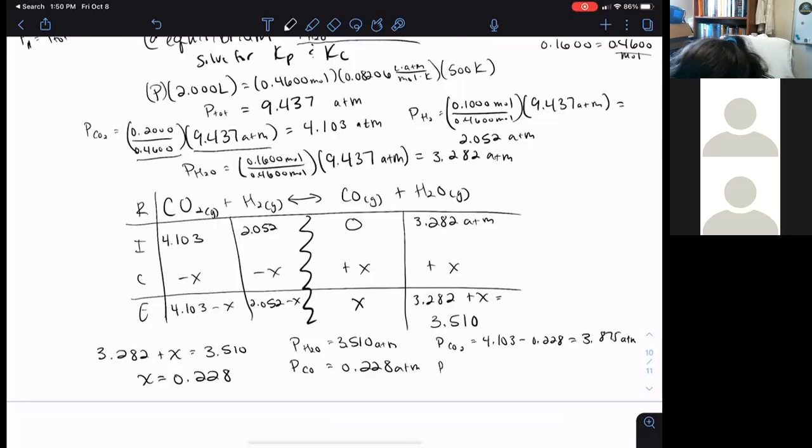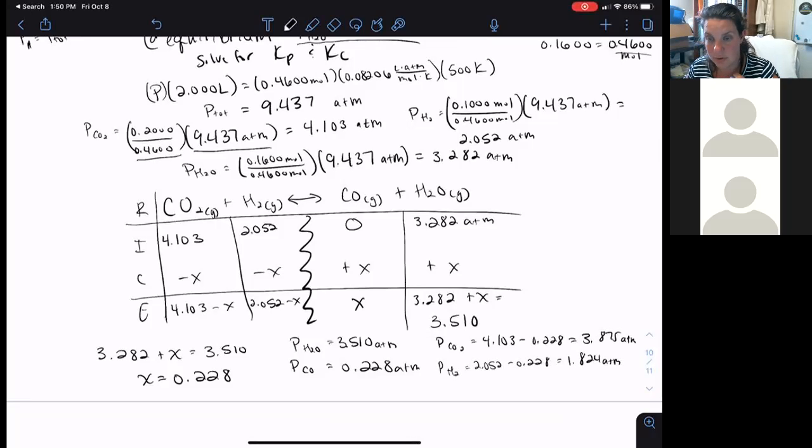And then our partial pressure of H2 is equal to 2.052 minus 0.228, giving us 1.824 atmospheres.